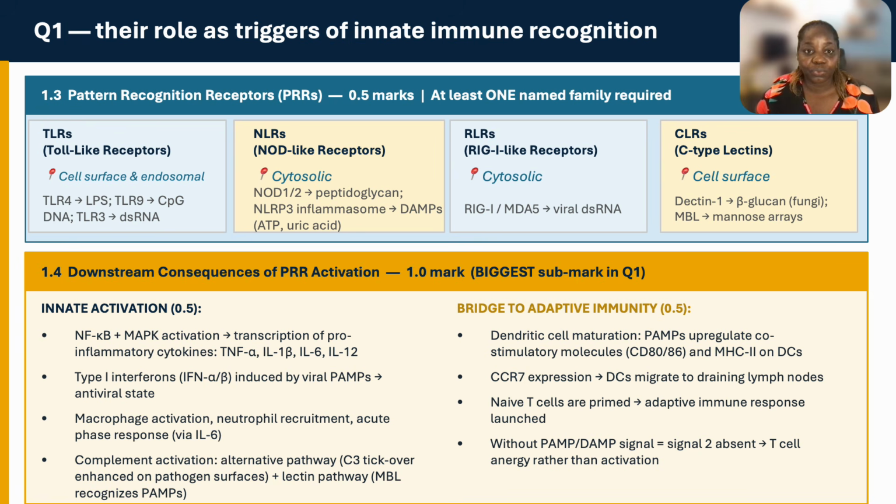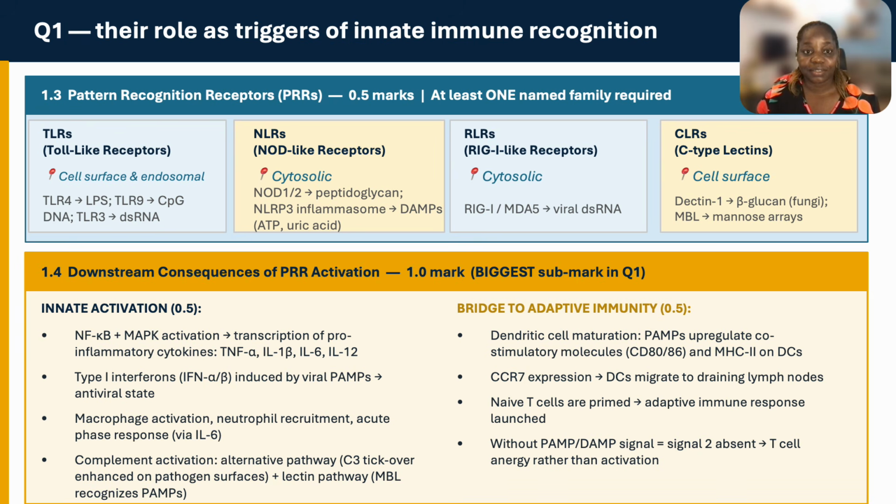So students who just write that pattern recognition receptors will recognize PAMPs without naming any specific receptor families will also get zero for this criterion, because asking you to name those is not extra, it's not just to disturb you.